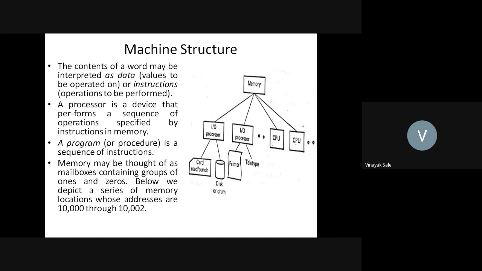The 10,000 address is used for the halt instruction. The 10,001 instruction interprets the halt instruction. This is just an example, not a particular instruction. For this example, the instruction is given as 10,001 to stop that instruction.